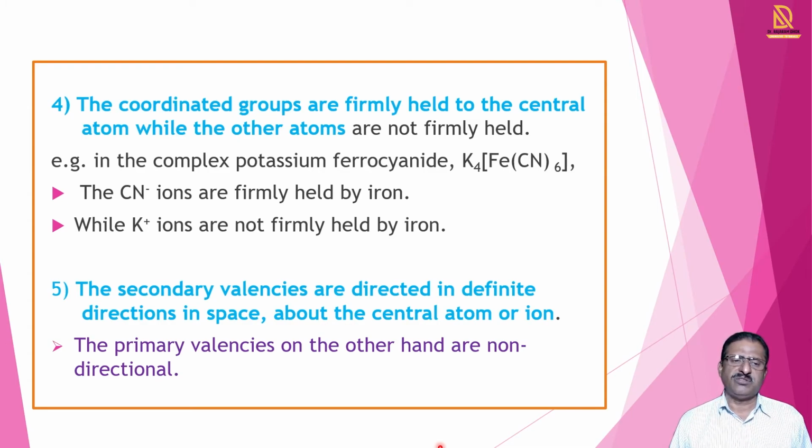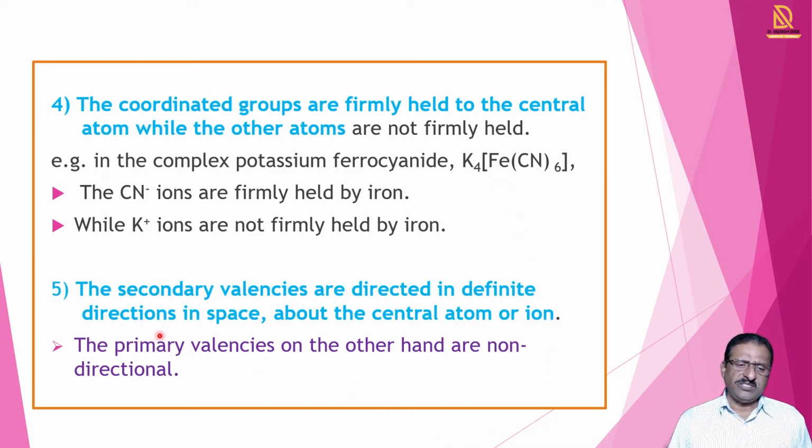For that, we take one example, potassium ferrocyanide, K4Fe(CN)6. In K4Fe(CN)6, the 6 CN ions are attached directly to the Fe because it is secondary valency, and in the structure it is shown by thick lines. But K, when attached with Fe, is indirectly attached and is shown by dotted lines.